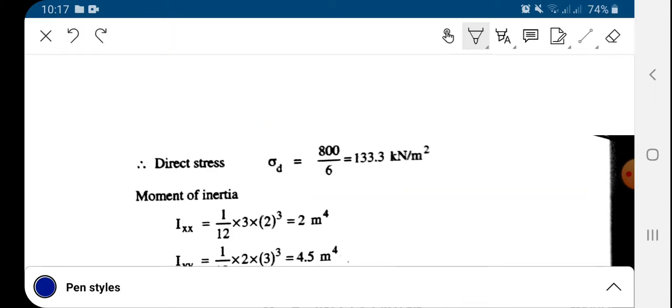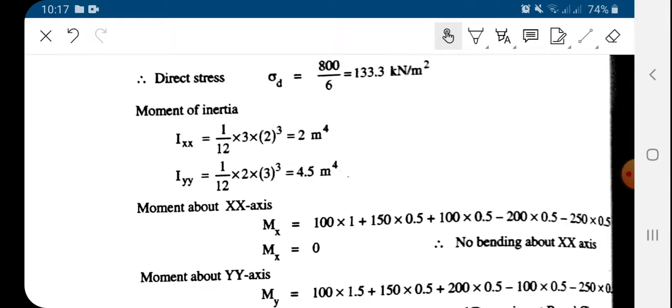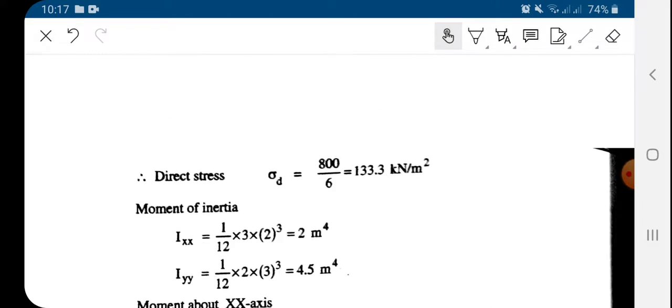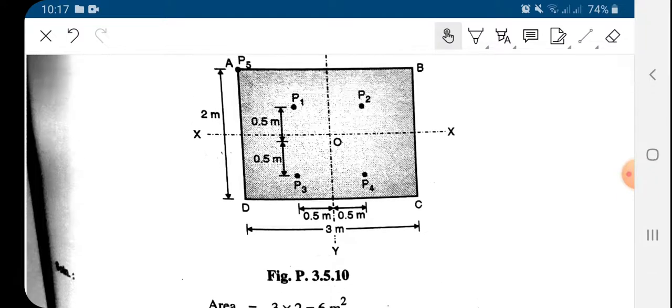Okay. Now we are finding the moment of inertia about both the axes, x axis as well as y axis. So these are the equations: moment of inertia about x axis is 3 into 2 cube divided by 12, and about y axis 2 into 3 cube divided by 12.